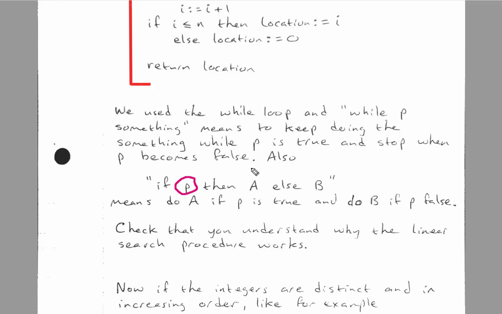If P is true, then do this. If P is false, then do this. P has to be true or false, so one of these is going to happen. So that's an important programming construction.